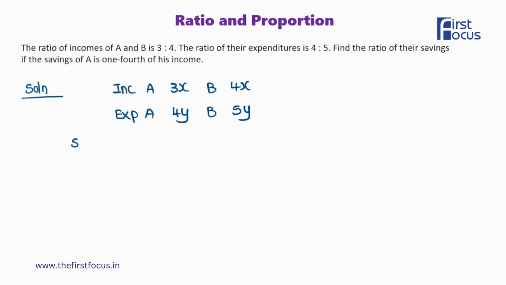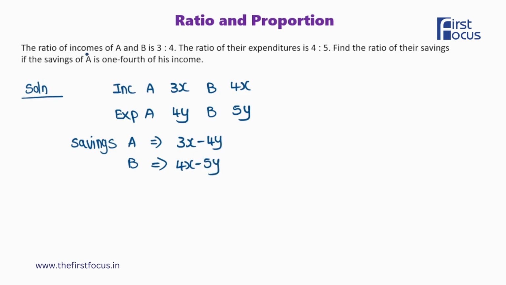Then what is the savings of A and B in ratio? Savings of A and B. We know that income minus expenditure is savings. So savings of A is 3x minus 4y, and savings of B is 4x minus 5y.